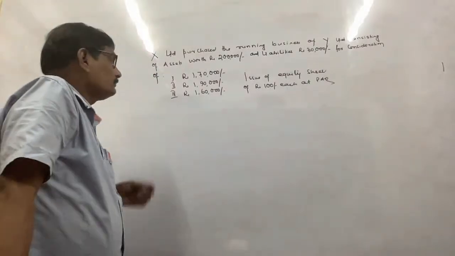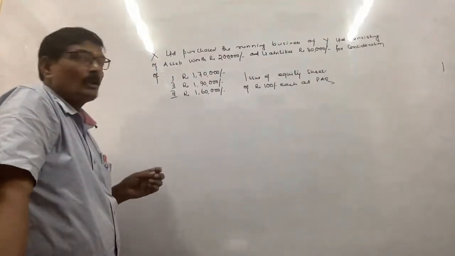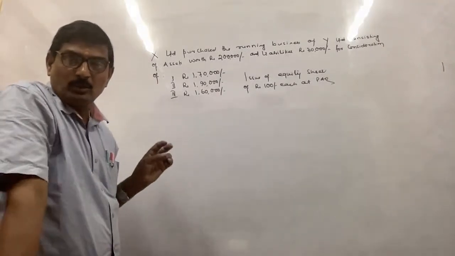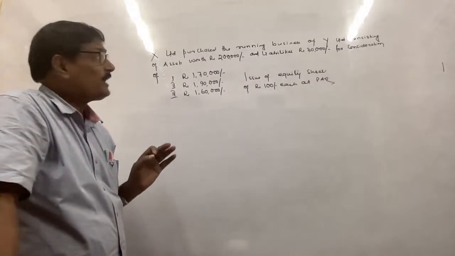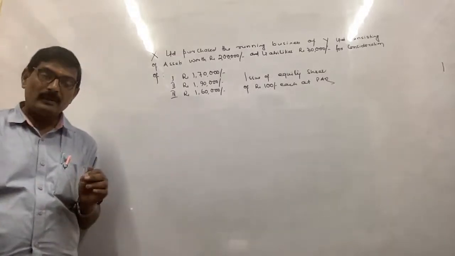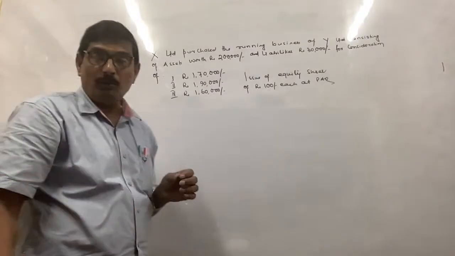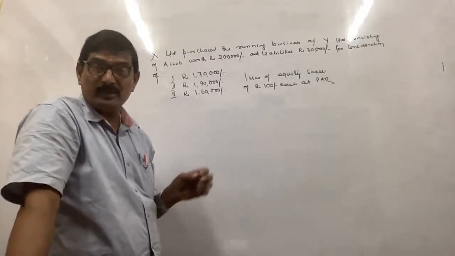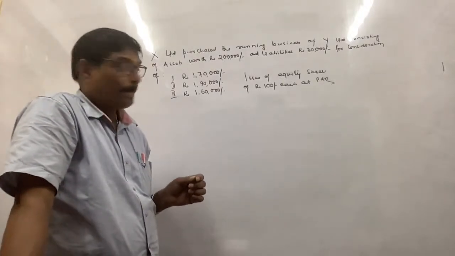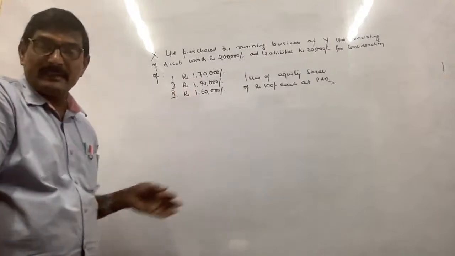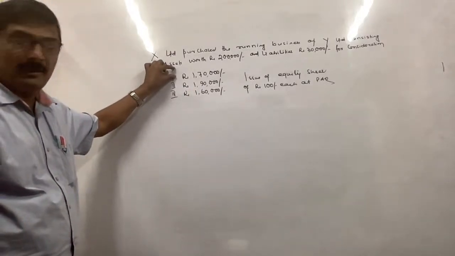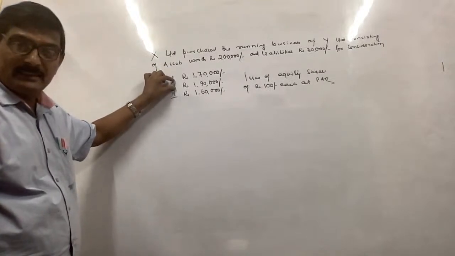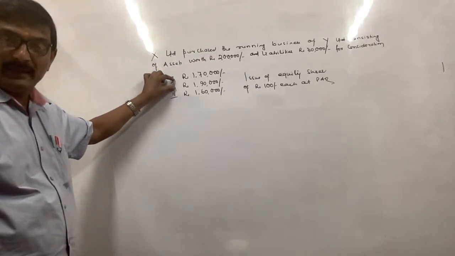Right? Now you see, we have purchased assets worth rupees 2 lakh. We have taken the liabilities worth rupees 30,000. Means we are expected to pay 1,70,000 rupees to Y Limited. But there are 3 different cases given. In the first case, we have to pay 1,70,000. In the second case, it is agreed that we will pay 1,90,000.